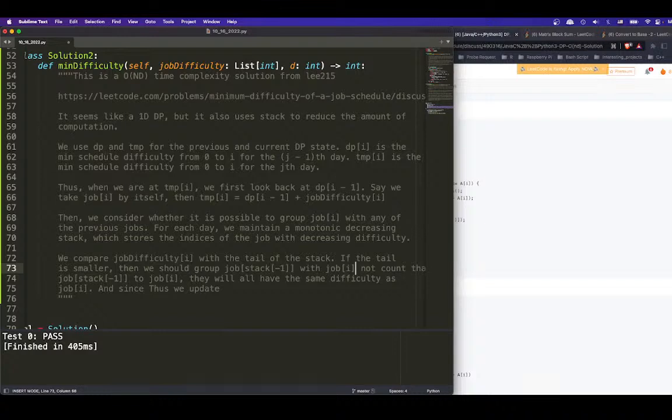Because when we group them, we only count it once. If I don't group them, we'll count this and we'll count this. We'll count it twice. That's why we say it's bad. Yes, then we should group this with job I. Yeah, that's true.